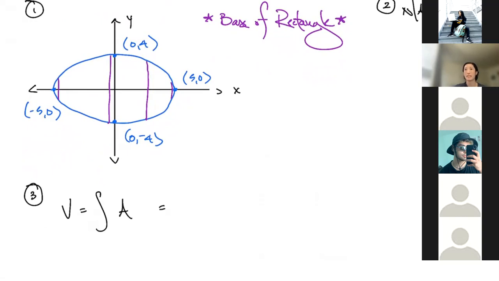All right, Graham says dx. If you agree with him, tell me why. Why should this be dx? And if you don't agree with him, tell me why you think it should be dy.